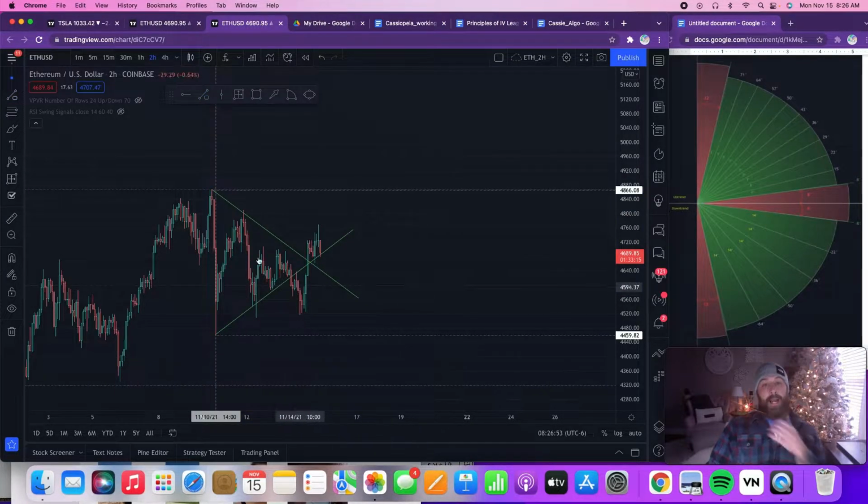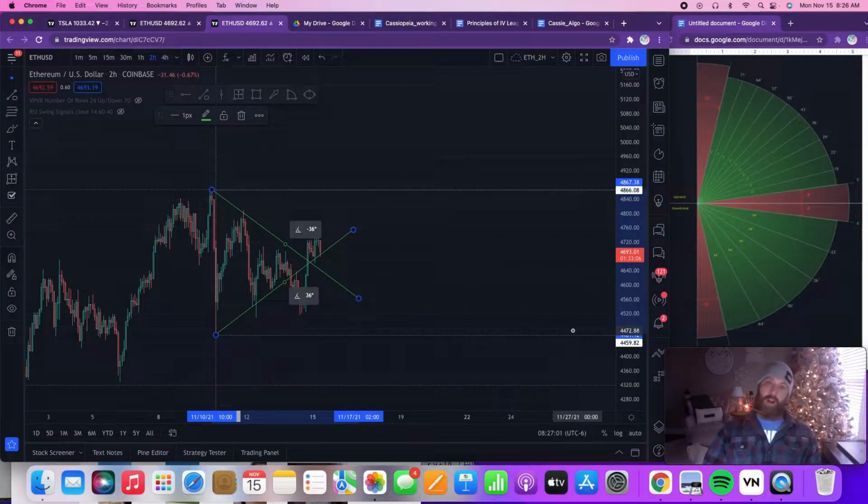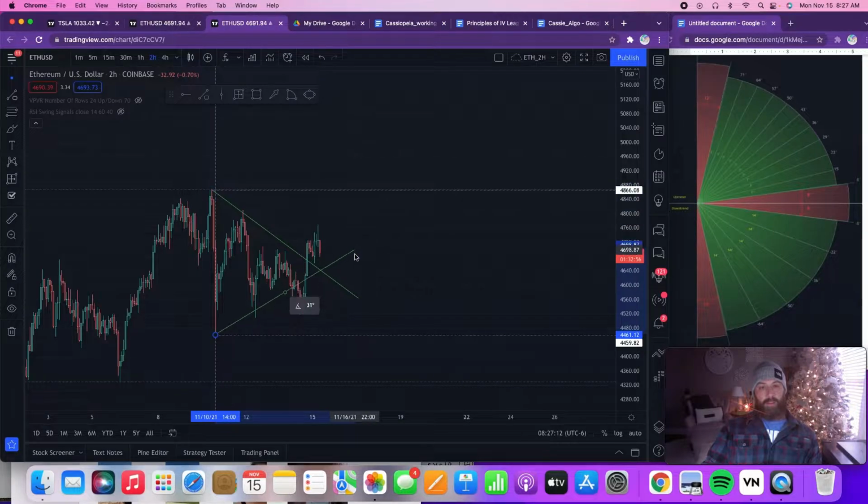So it's safe to assume that price is moving within a 36-degree triangle until it doesn't. When we see it snug up on the bottom side of this triangle that it's forming, then we drop it down. See where we're going.